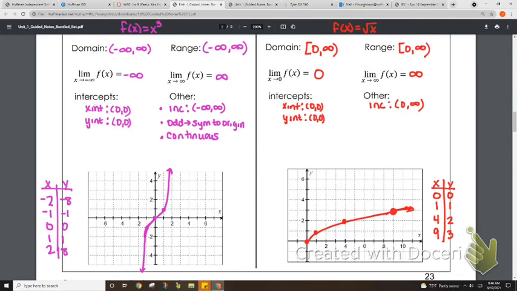No asymptotes. We talked about end behavior. And is it continuous? It is continuous. I can draw the whole graph without picking up my pencil. All right, I'm going to have to stop here for part 1, and then we'll pick up with part 2 in the next video.